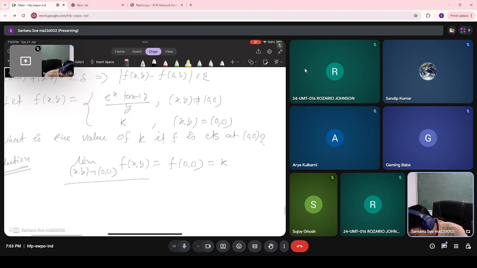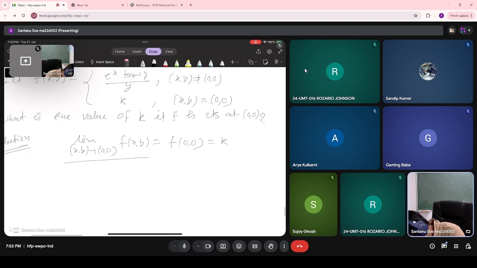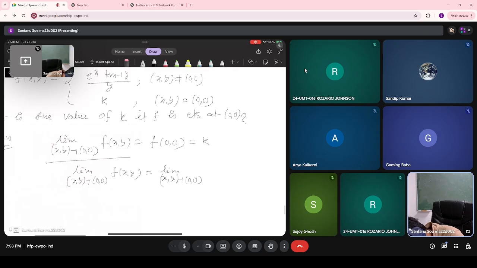So this is the limit as x comma y tends to 0 comma 0 of exponential of x into tan inverse y divided by y.